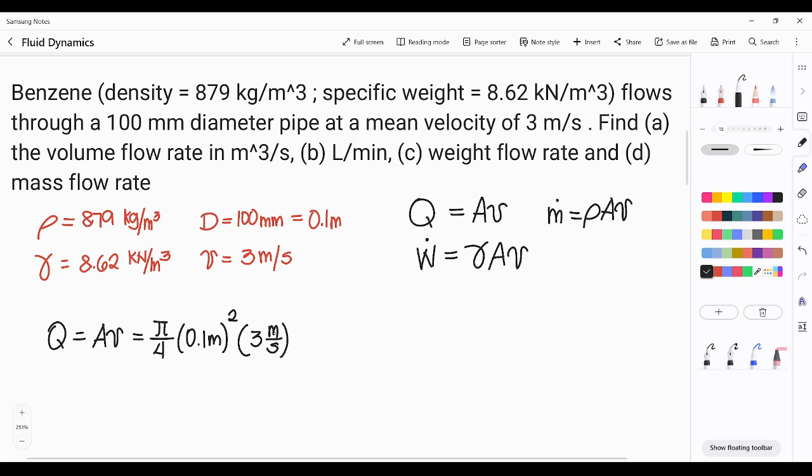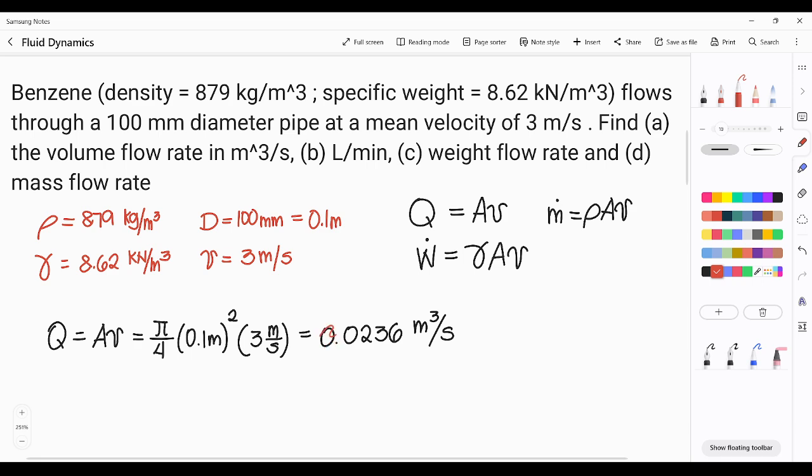The resulting unit will be cubic meters per second. Let's use 4 decimal places: 0.0236 cubic meters per second. So this is our answer for letter A.